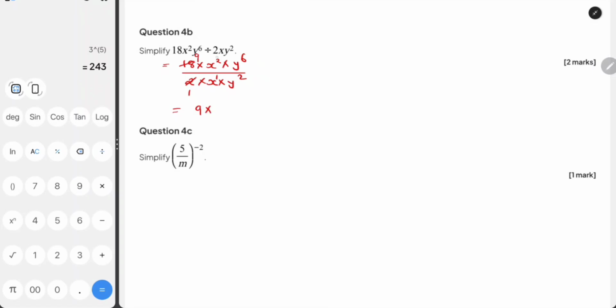This is x raised to 1 here, in numerator it is x raised to 2, so 9 times x raised to 2 minus 1 into y raised to 6 minus 2, so that's 9 times x raised to 1 times y raised to 4, so that is 9xy raised to 4. Clear?